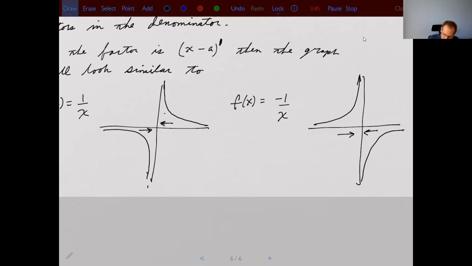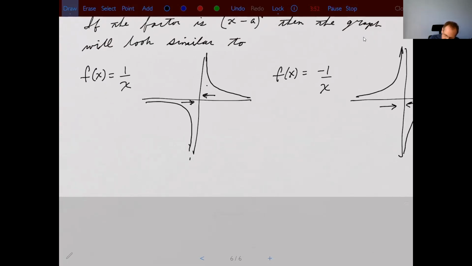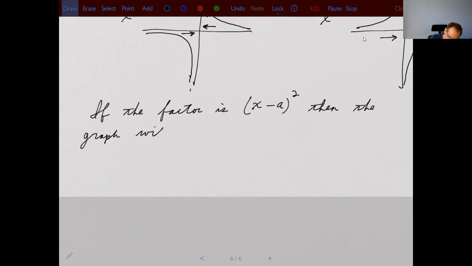Now, if the power is a 2, so if the factor is something like this, x minus a squared, then the graph is going to look similar to a reciprocal squared function.